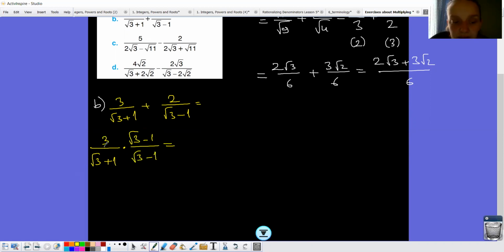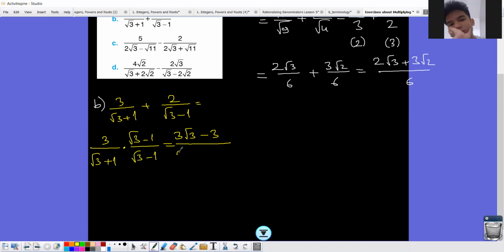Then what will we get? 3 root of 3 minus 3 over, root 3 squared minus 1 squared, which is 3 minus 1, which is 2.